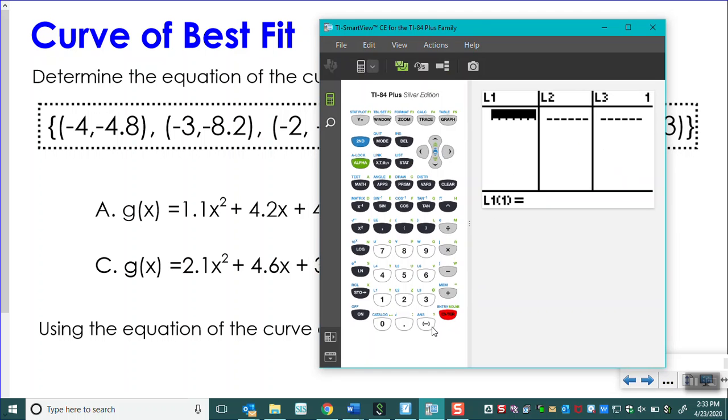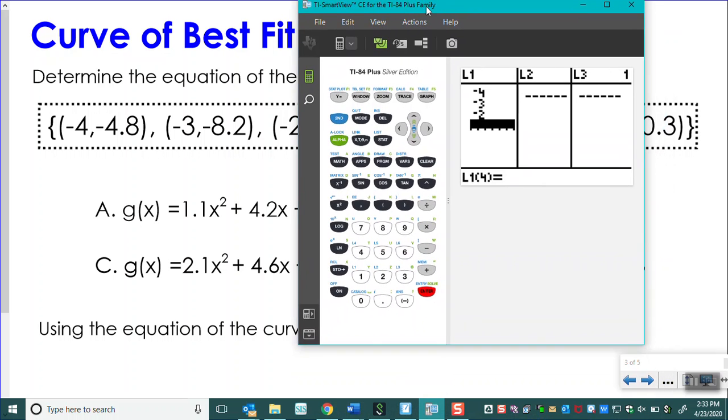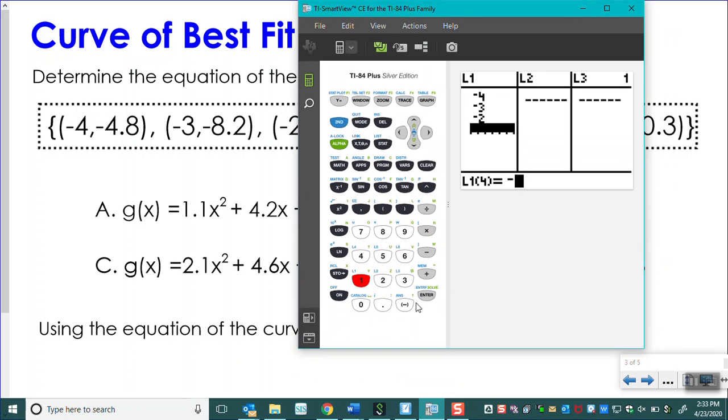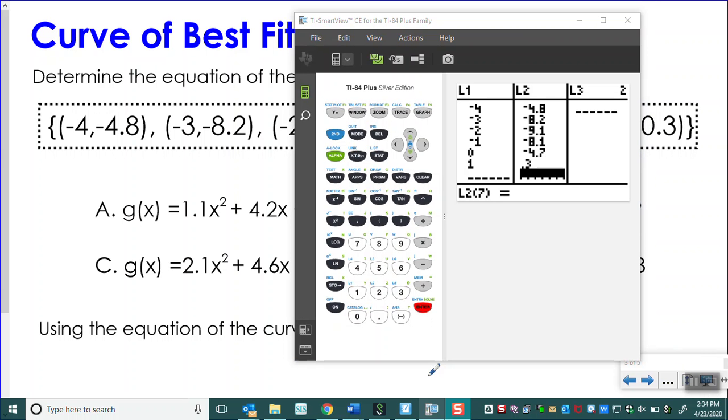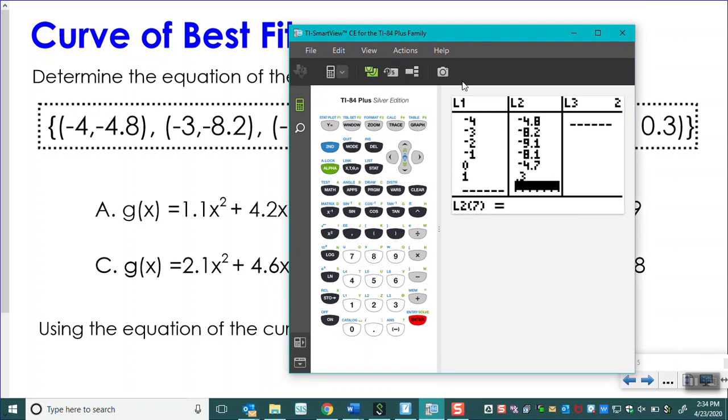So I have -4, then -3, -2, we've got -1, 0, and 1. I'm going to go ahead and pause the video and put in my Y values since there's a bit of a lag. Alright, now we just want to go ahead and double check that we had all those pairs done correctly. So -4, -4.8, -3, -8.2, and so on.